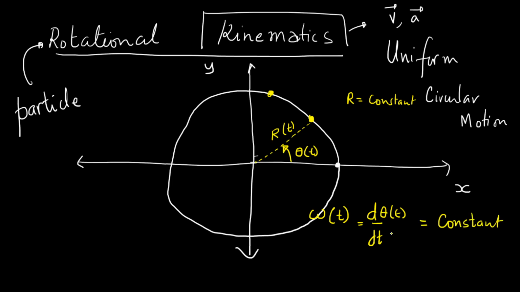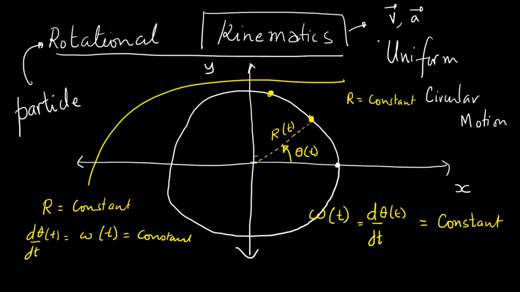Now these two restrictions, that r is a constant and d theta by dt, which is called omega or angular velocity, is a constant, are what we call uniform circular motion. Right. So we did a derivation long ago, and I'm going to now recap what we did in that derivation.